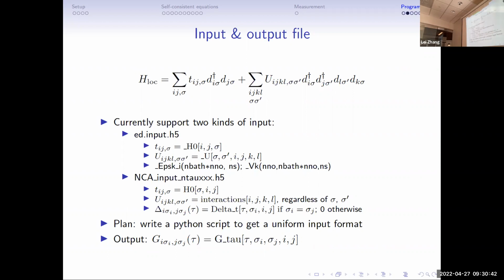And because different software has different formats, my plan is to write a Python script to get a uniform input format to run my code. And the output of my software are the tau mesh and the single-particle Green's function, which has this convention. i, j are the orbital indices, sigma i, sigma j are the corresponding spin indices.